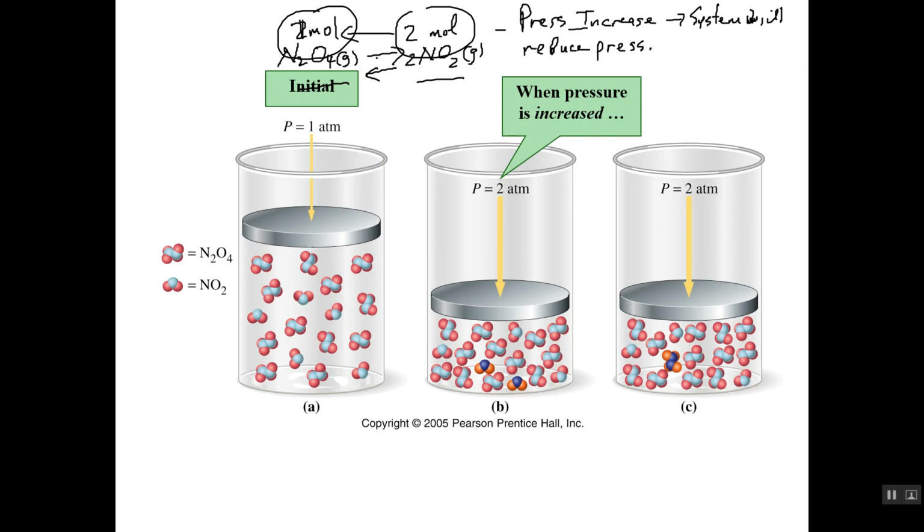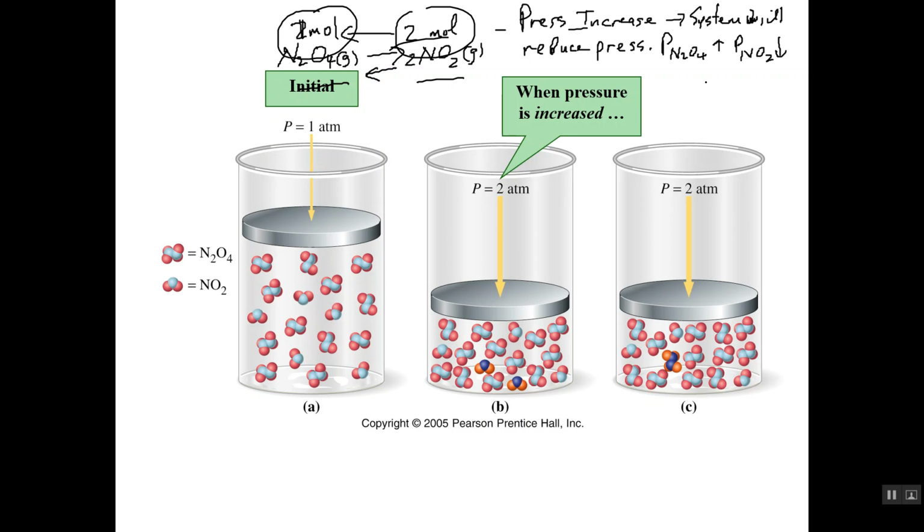As that shift occurs, you're reducing the number of molecules of gas, and therefore the pressure of the N2O4 will increase, and the pressure of the NO2 will decrease.